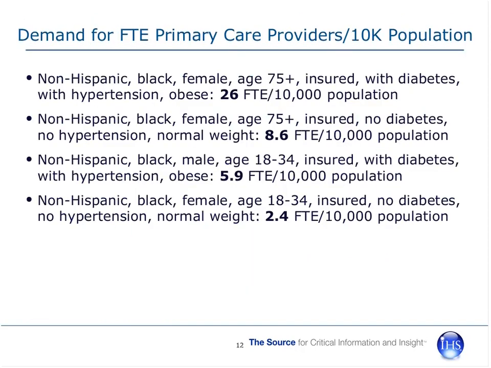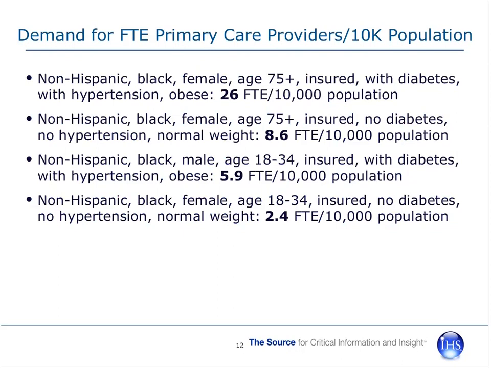I would note that even within a demographic group, there can be substantial variation in use of services. In this example, if you have a non-Hispanic black female aged 75 or over, insured, with diabetes and hypertension and obese, for a population like this you would need about 26 full-time equivalent primary care physicians, this is just physicians now, per 10,000 population.